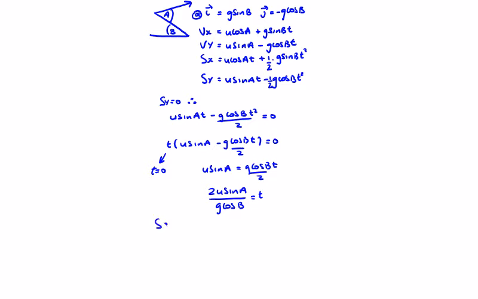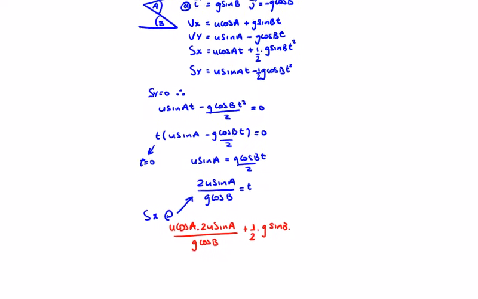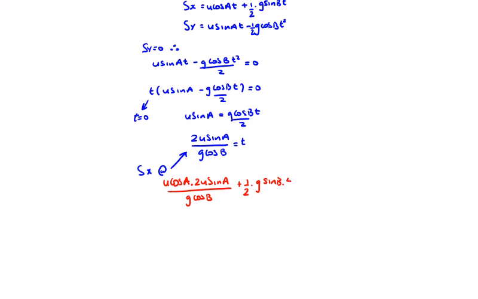So I need to have s of x at this time. s of x is going to be u cos alpha times t. So u cos alpha times 2u sin alpha over g cos beta. That's u cos alpha times t, and then we have plus a half times g sin beta times t squared, which is going to be 4u squared sin squared alpha over g squared cos squared beta.